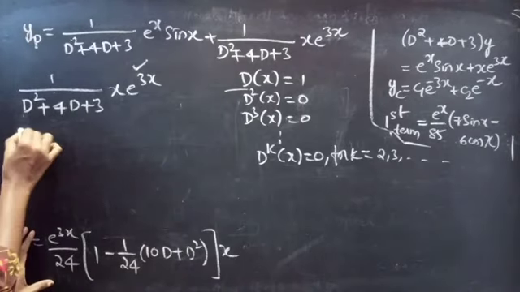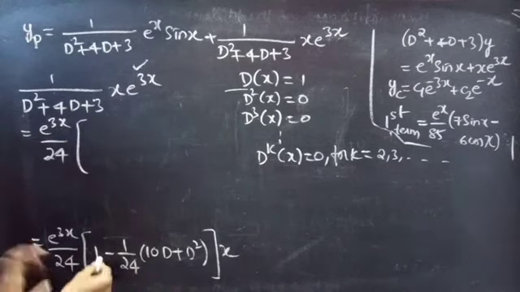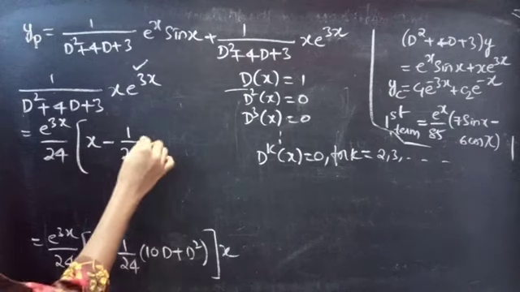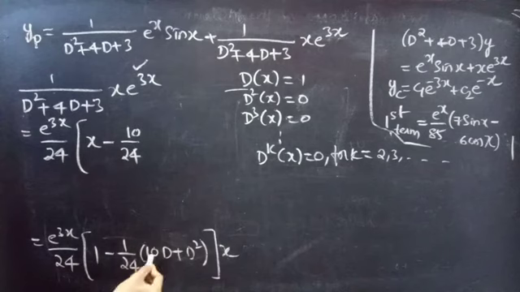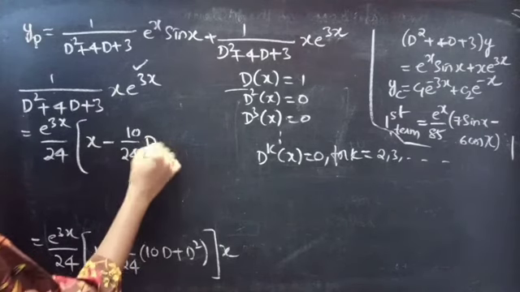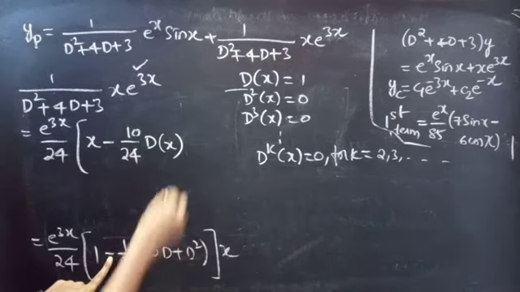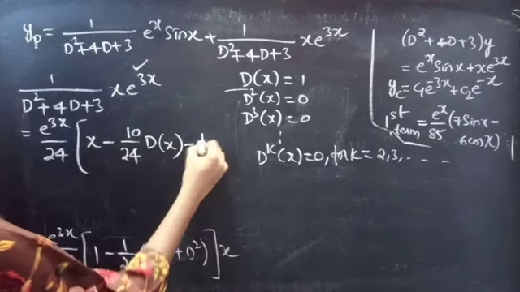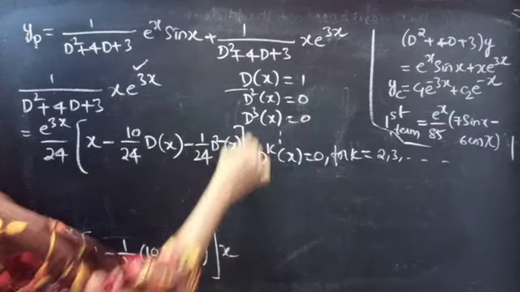This becomes e power 3x by 24 into (1 into x minus 1 by 24 into 10d, which is minus 10 by 24 into d of x), right? Minus into plus, minus 1 by 24 into d square, which is 1 by 24 d square of x.